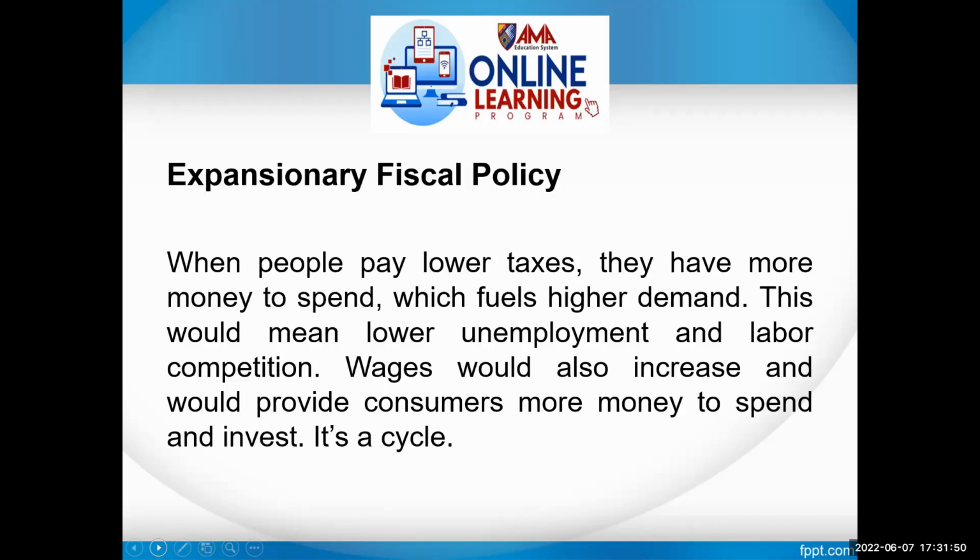So when there is strong labor competition, wages would increase because businesses would see to it that they can hire employees. To hire employees, they will increase their wages and salaries. If there is more money in the form of wages and salaries, people who are also consumers have more money to spend and invest.